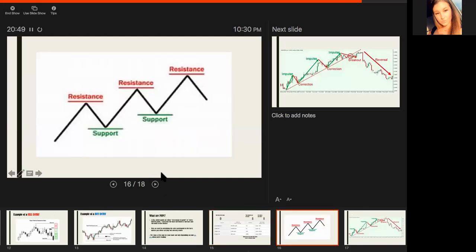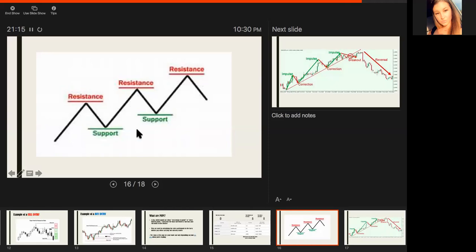And then this is basically how we look at a chart, and we can tell the trend that it's in. We can go to a chart and set lines where price makes that higher high and where price makes that higher low. We call those the support and resistance lines.